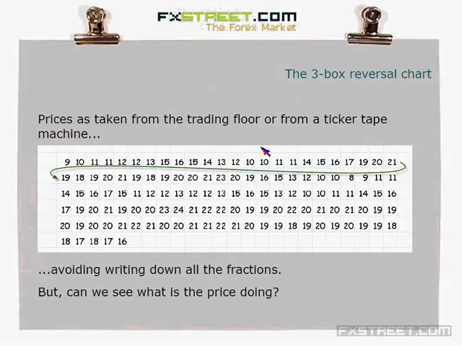Last time we started briefly taking a sequence of numbers as if they were prices taken from a ticker tape machine. We have here a sequence going from the left to the right and down. We see that they start at 9 and end at 16. We avoided writing down fractions, so we took round numbers.